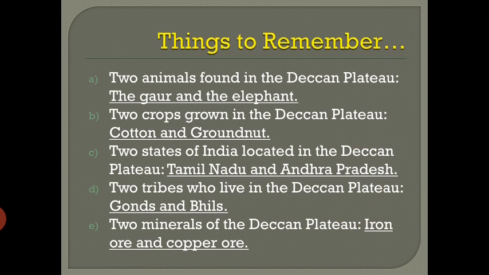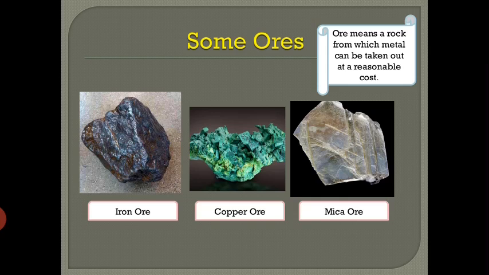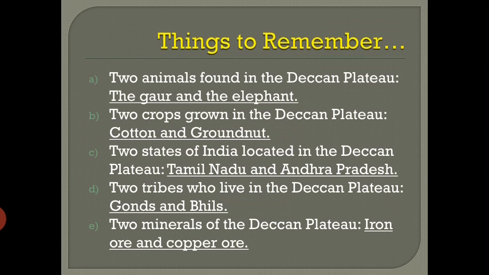So, things to remember. Two animals found in the Deccan Plateau: first is the goat and second is the elephant. Two crops grown in the Deccan Plateau: first is cotton and second is groundnut.